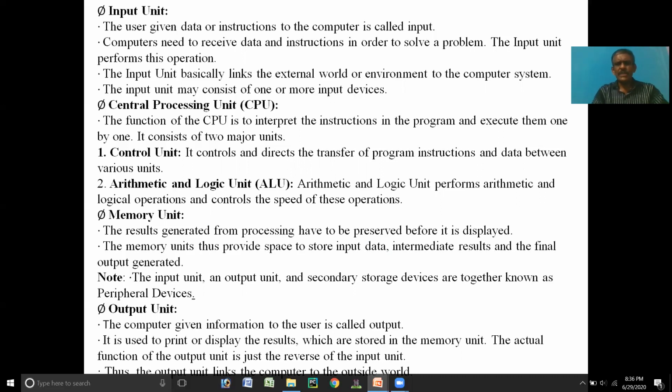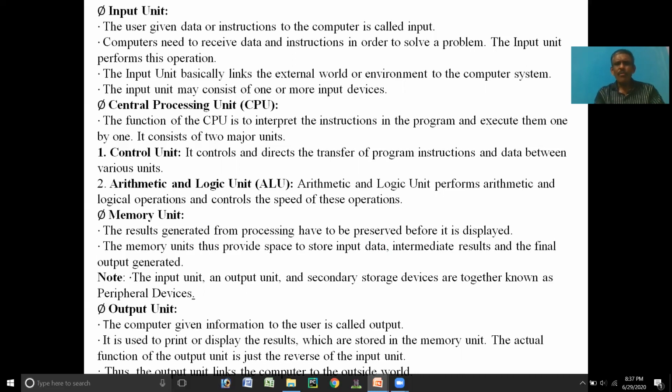It receives data and instructions from the user in order to solve the particular problem. This is the basic operation of an input unit. The input unit basically links the external world to the computer system. The input unit may consist of one or more input devices.